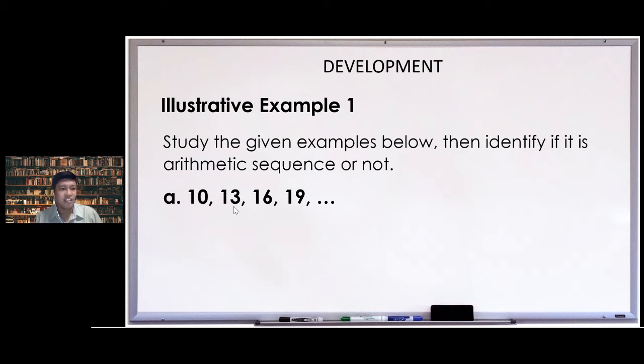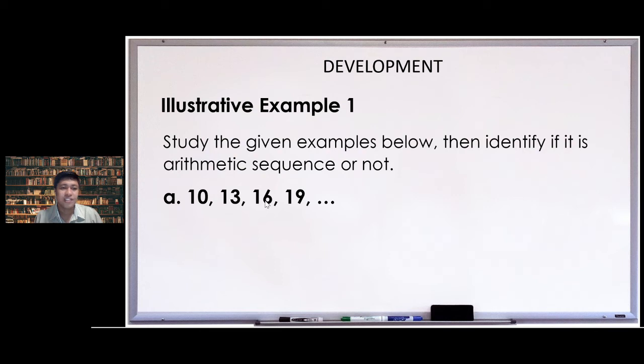Since 10 is your a sub 1, 13 is a sub 2, that will become a sub 2 minus a sub 1. So that's 13 minus 10, which is equal to 3.